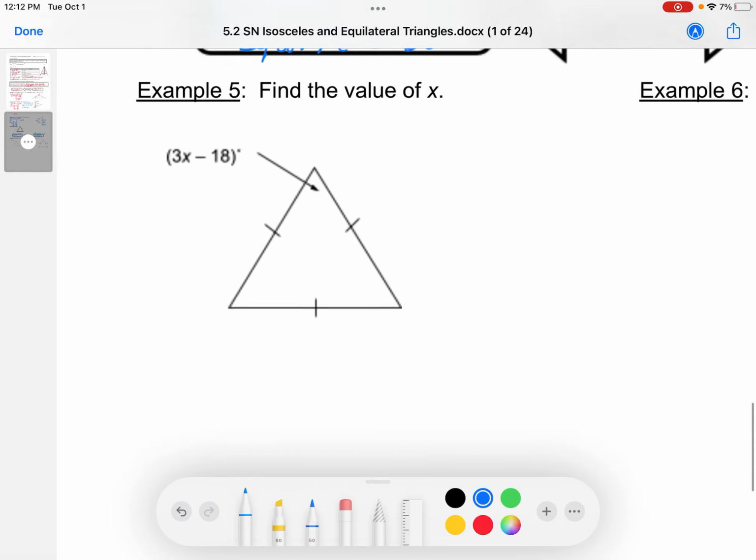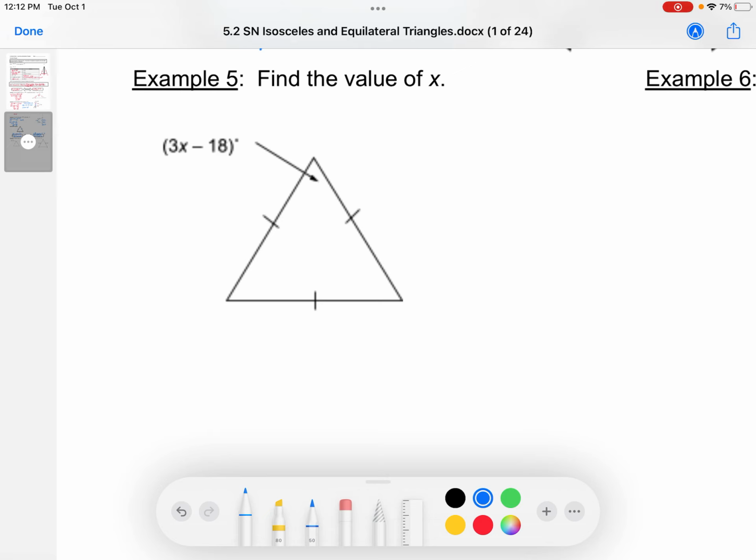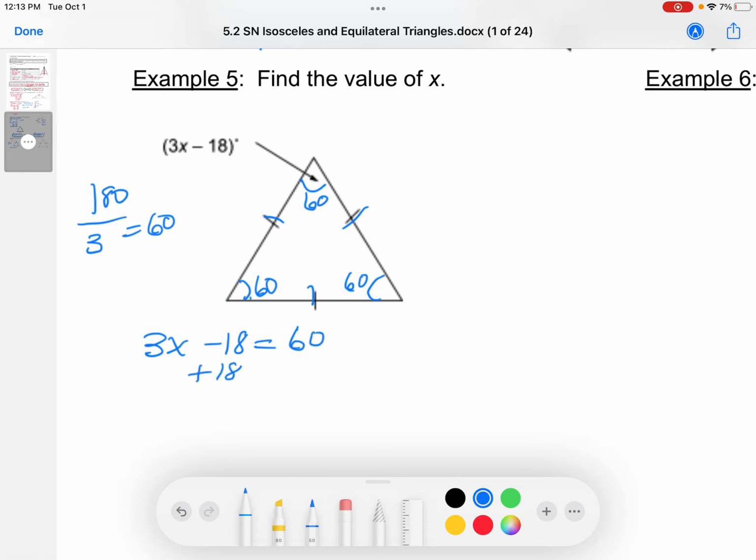That being said, let's look at example 5. All of these sides are the same, so all of these angles are also the same. There are 180 degrees total inside a triangle, and I divide that by 3, so each angle is 60 degrees. I find X by taking 3X minus 18 and setting it equal to 60 degrees.